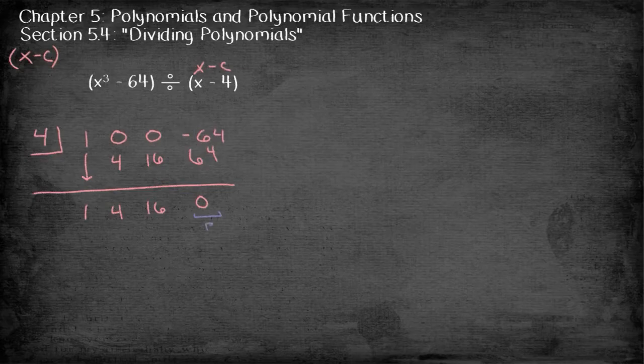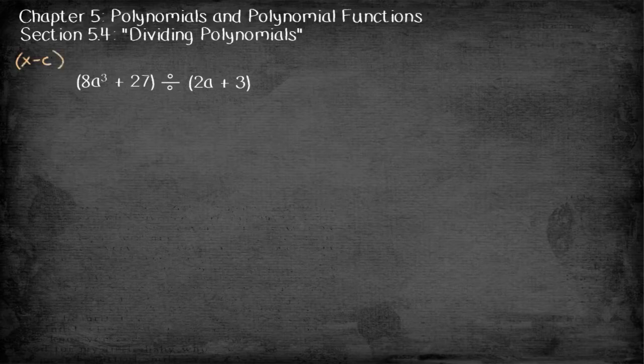So again, this would be the remainder. In this case, there isn't one, which is good. Then we have the constant term. We have the x term and the x squared term. So altogether, this is equal to x squared plus 4x plus 16.